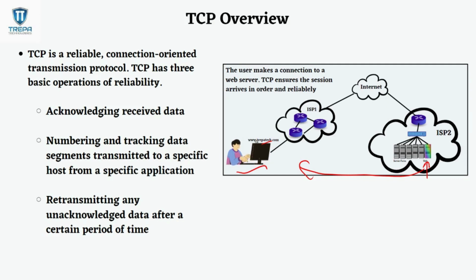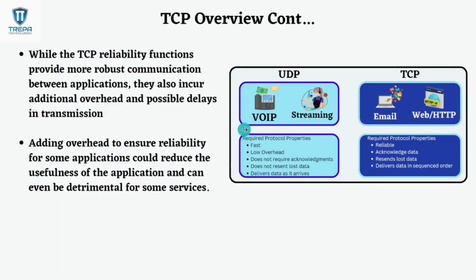So it's going to track everything coming over and say, okay, I got 10 bits here, I got 100 bits here. And then it's also going to have retransmission of any unacknowledged data after a certain period of time, saying, hey, I got this data, I had to drop it because it arrived kind of messed up, send it again. So in our example here, the user makes a connection to a web server. TCP ensures the session arrives in order and reliably.